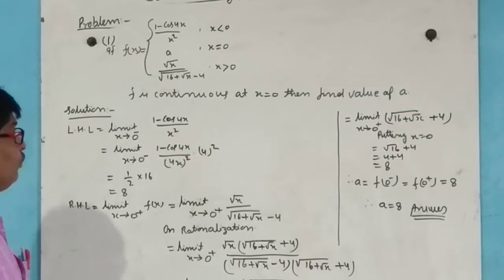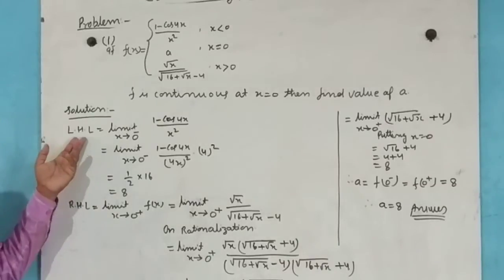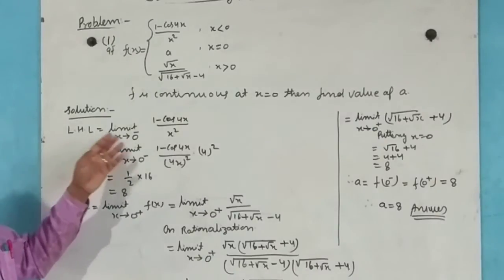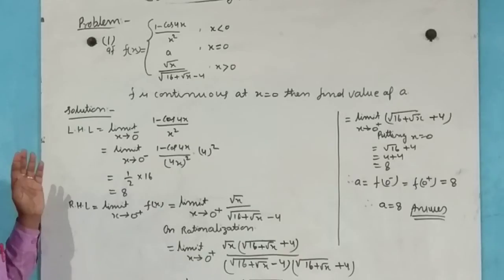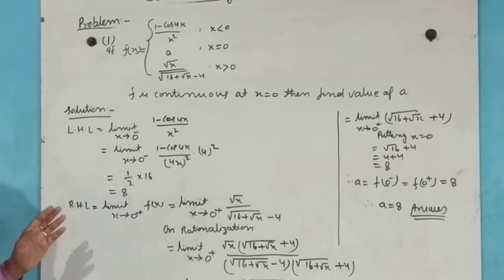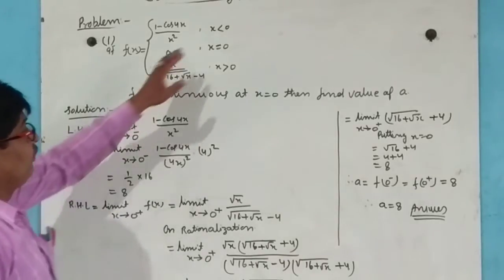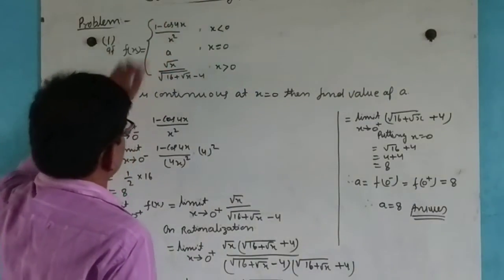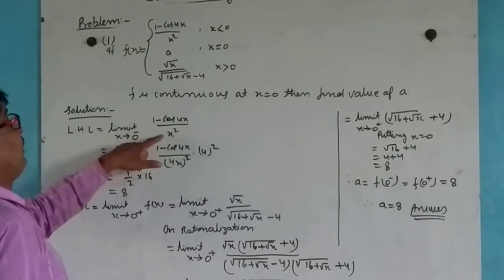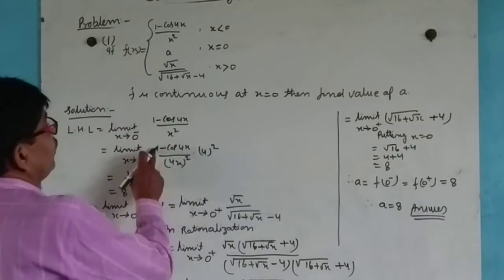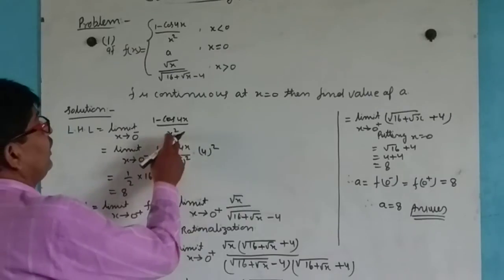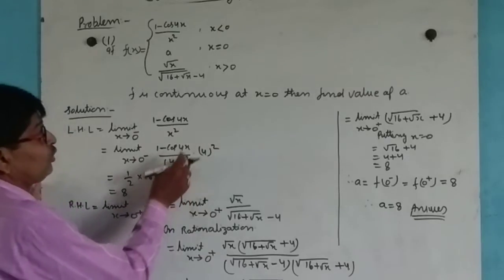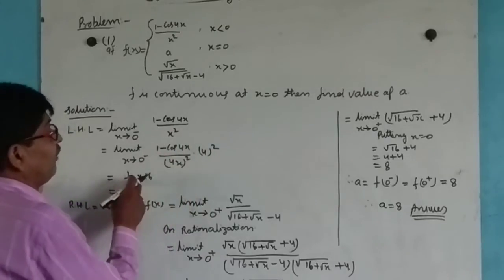Now we calculate the left hand limit, x tends to 0 minus. It means the value of x is less than 0, so the function is (1 − cos 4x)/x². So we write (1 − cos 4x)/(4x)², because here is 4x squared, and the value of this is equal to half.